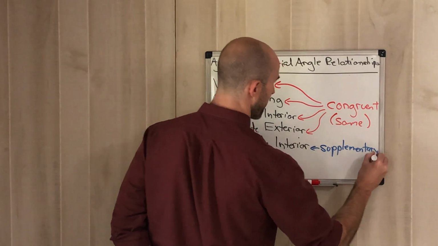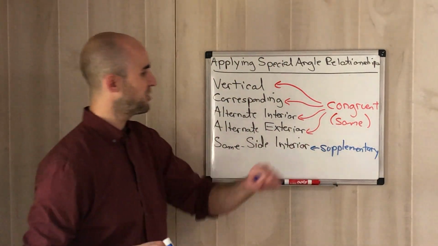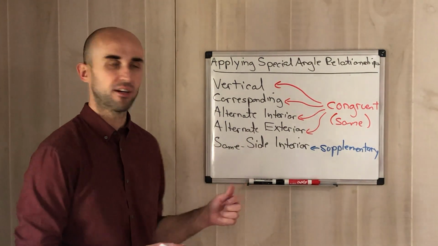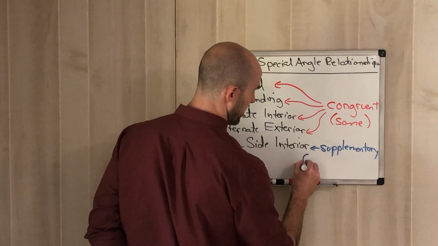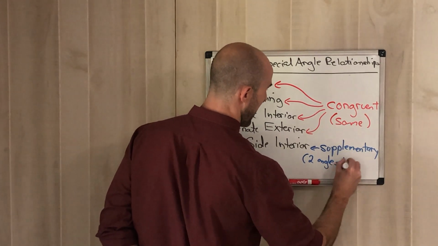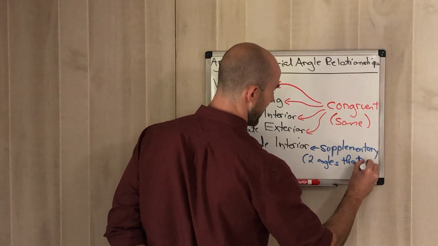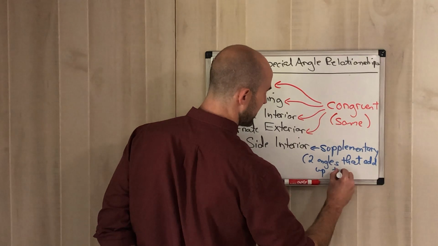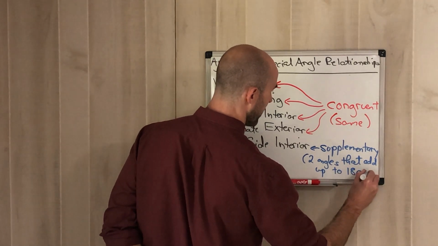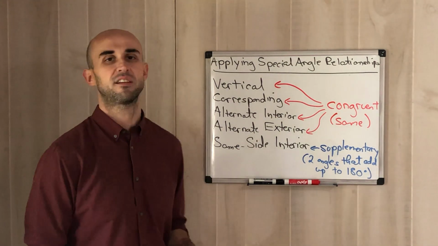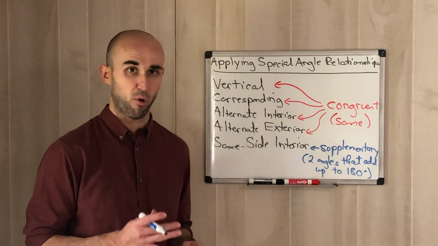Supplementary angles are any two angles that add up to 180 degrees. Same side interior is the only one that's supplementary, the only one that adds up to 180, both of them.